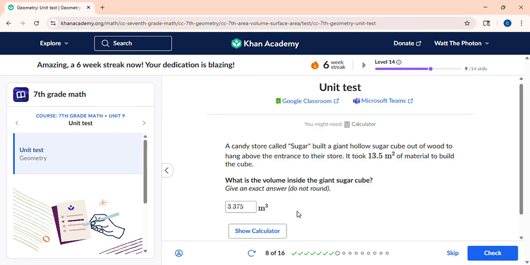Is that right? I mean, I think it's right.